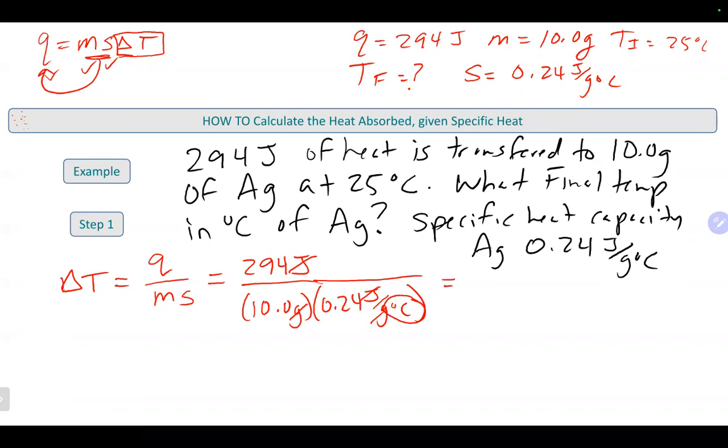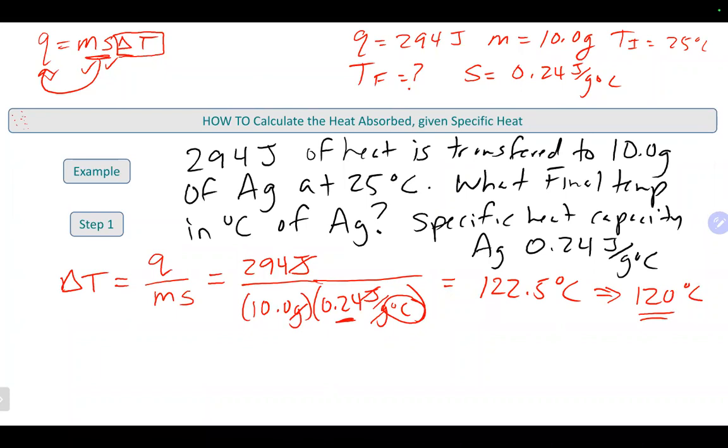And that's 294 divided by 10 and divided by 0.24. It gets us like 122.5 degrees Celsius, which would be our change in temperature. If we wanted to sig fig it out, it looks like 2 would be it based off of probably that number right there. So we can take it to like 120 degrees Celsius.